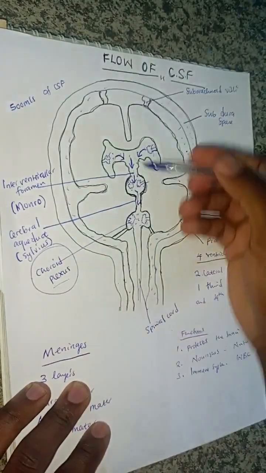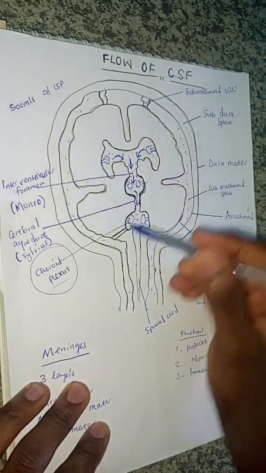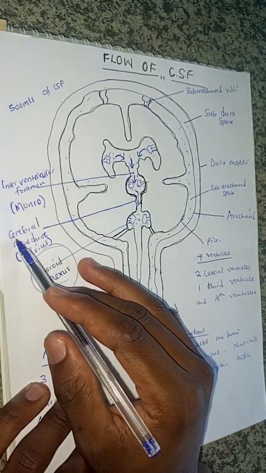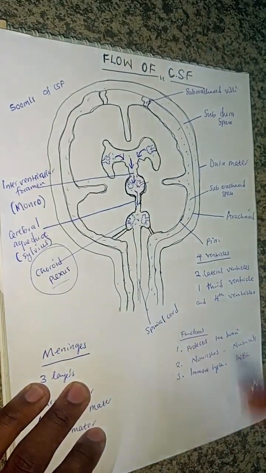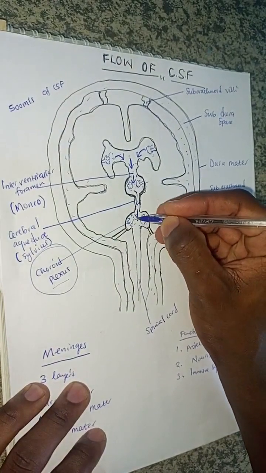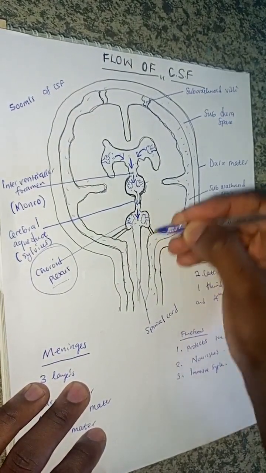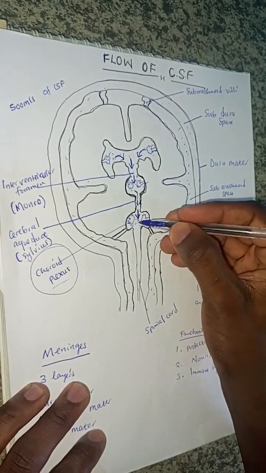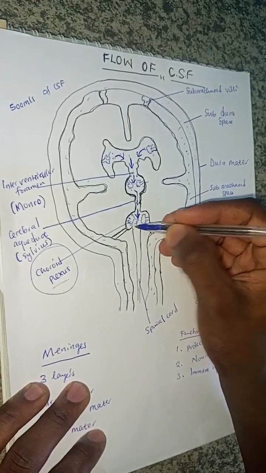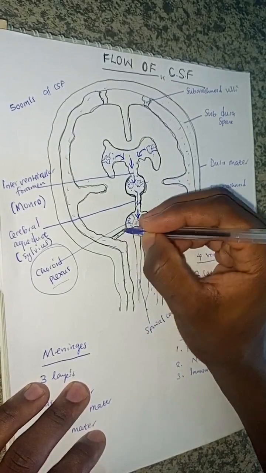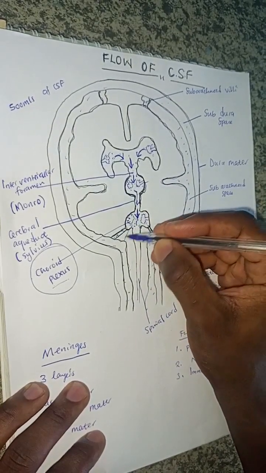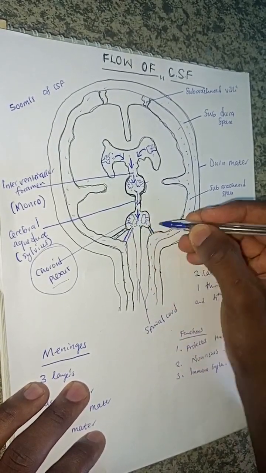So it is going to flow from the third ventricle to the fourth ventricle through this duct, which we call the cerebral aqueduct or aqueduct of Sylvius. From here, it is just going to continue from the fourth ventricle through these two ducts here.